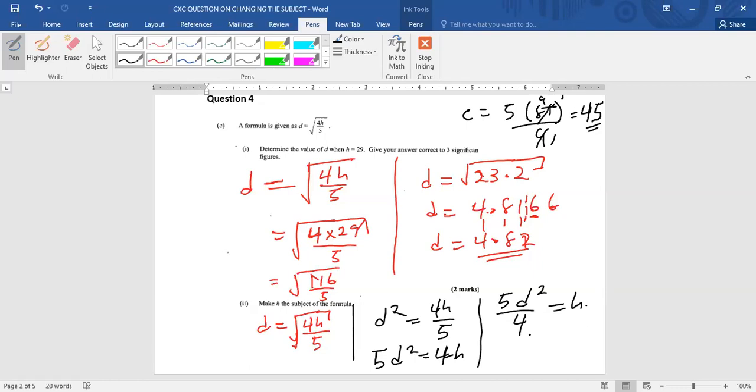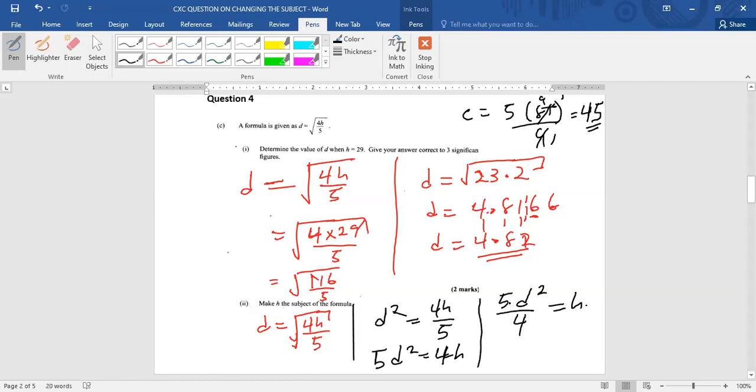So in order to make h the subject, I had to find the opposite of multiply, which is division. So I put the h to the left, and I said h equal 4 over 5d, but I said it wrong.